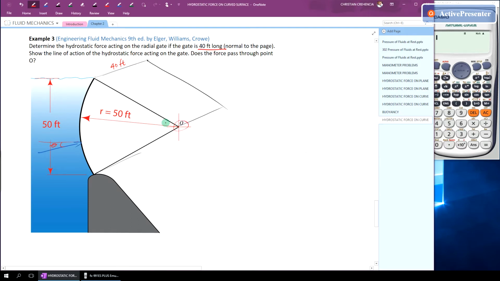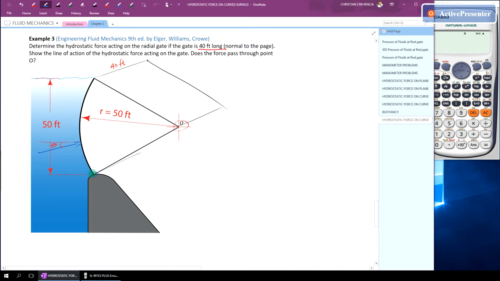Dadaan daw ba dito? Okay, so by theory, if we get the direction of the hydrostatic force in a small differential area, let's say somewhere dito, no? So yung hydrostatic force, as we know, is always perpendicular on the surface.